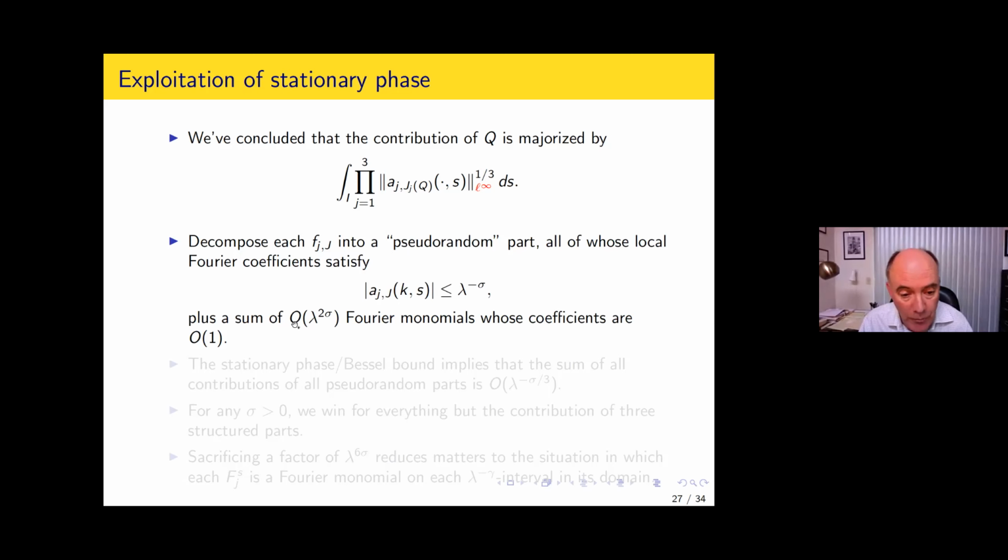The number of such terms is O of lambda to the 2 sigma. And so I get a sum of a relatively small number of Fourier monomials.